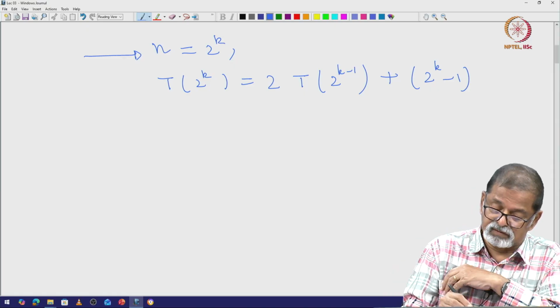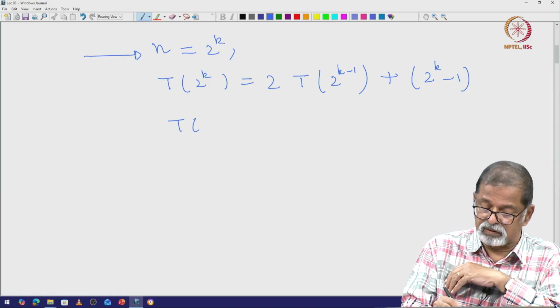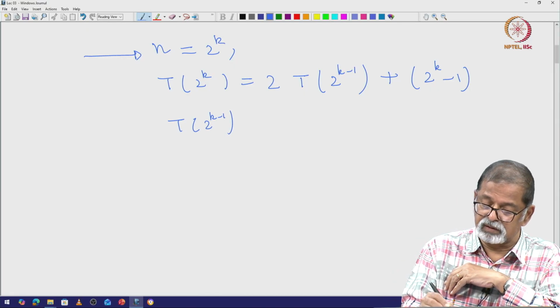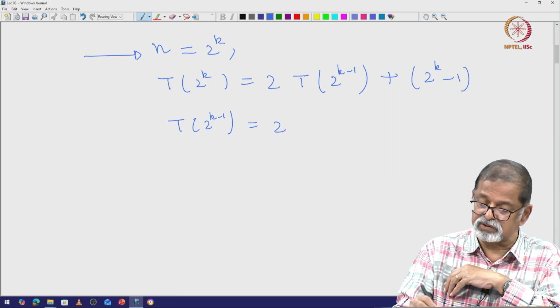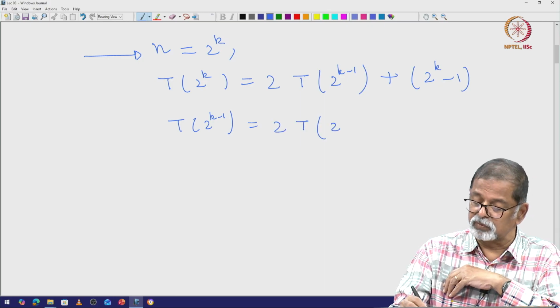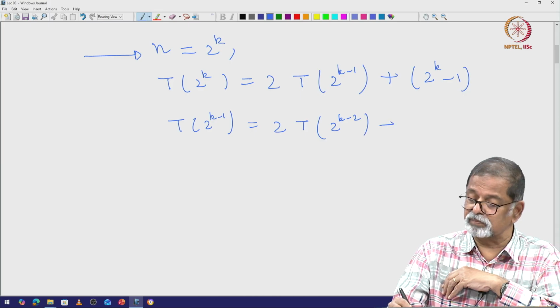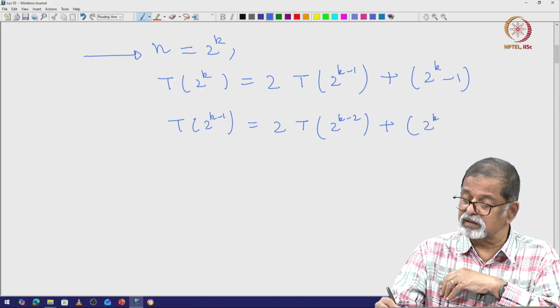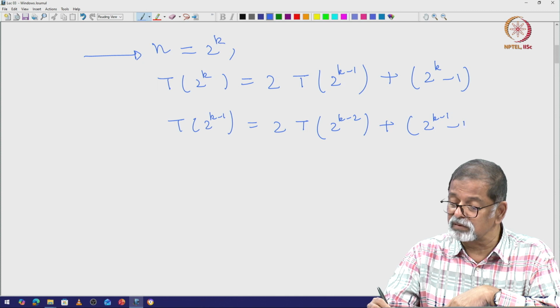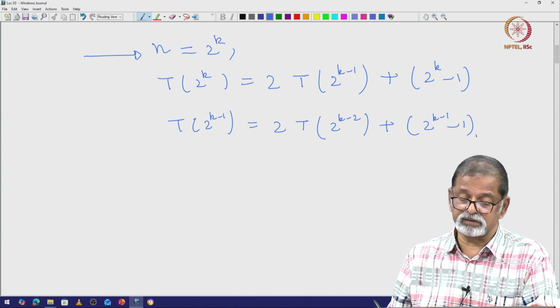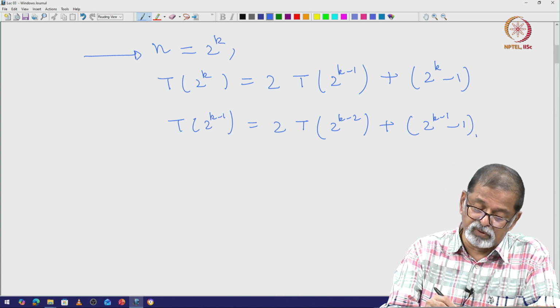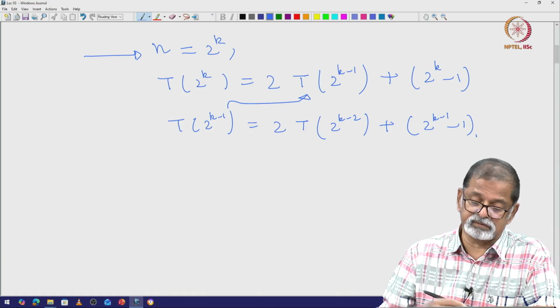So, what is, for example, T of 2 power k minus 1? T of 2 power k minus 1 is 2 times T of 2 power k minus 2 plus 2 power k minus 1 minus 1. Now you can substitute this value here.